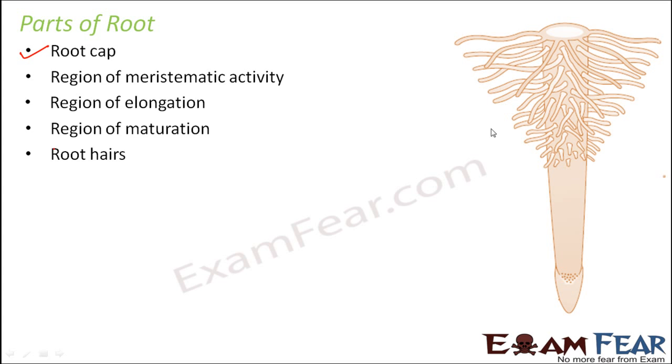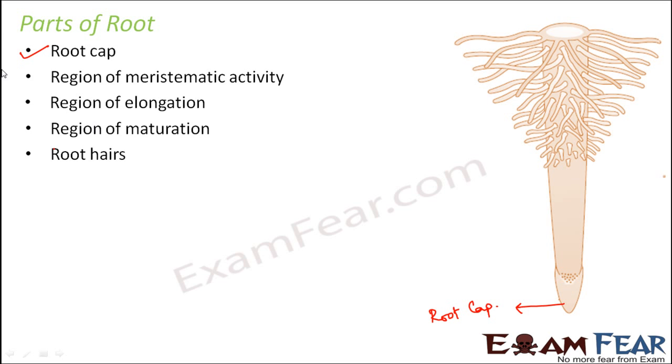When I say root cap, what is a cap? A cap is something like an outer covering. For example, we wear a cap on our head, right? So an external covering. This cap of the root is the tip of the root. You see a cap-like structure here. This is nothing but the root cap.